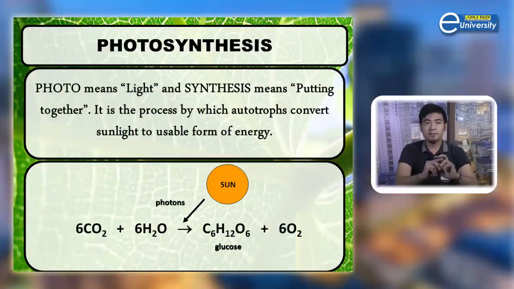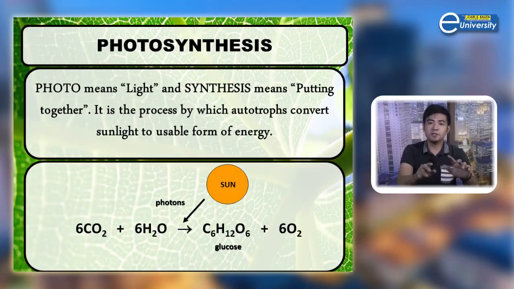The etymology of photosynthesis is the word photo, which means light, and synthesis, which means putting together. It is the process used by autotrophs in which they convert sunlight or light energy into a usable form of energy.